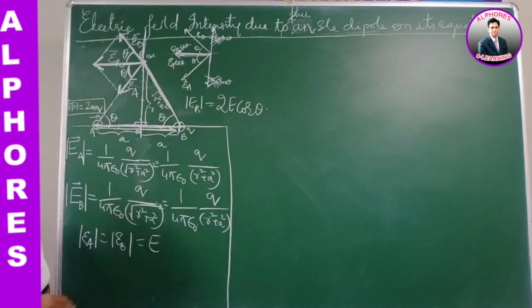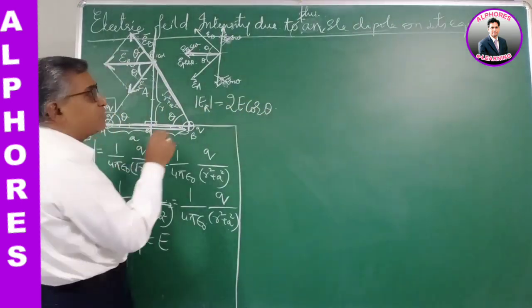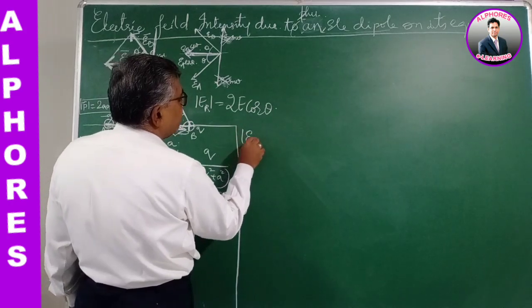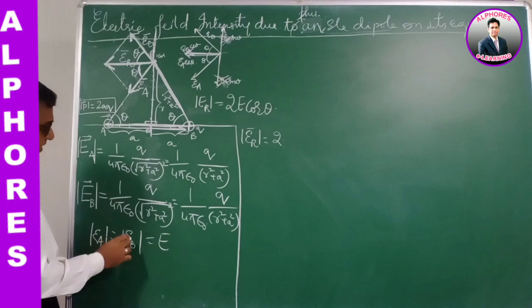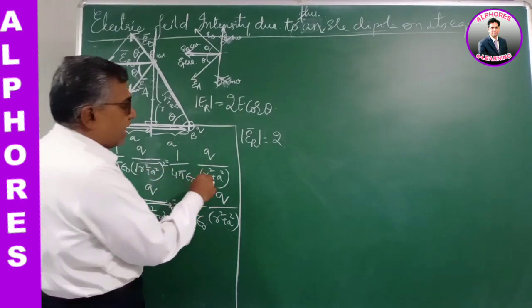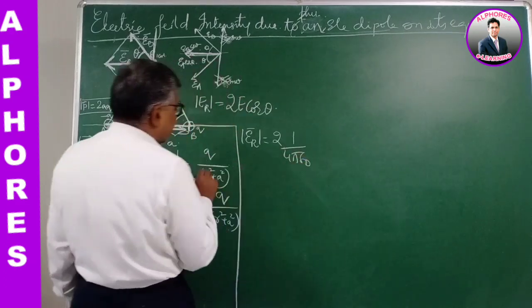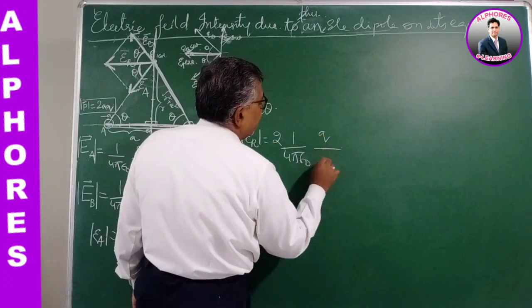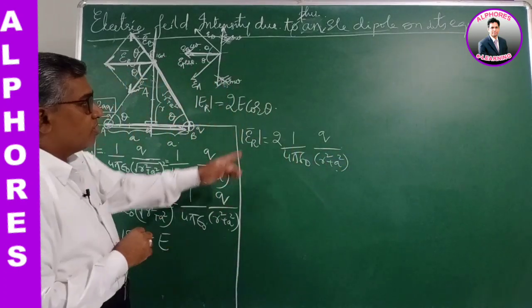EA and EB are of the same magnitude, so the resultant is 2E cos theta. Right? So substituting, the magnitude of the resultant electric field is 2 times E, where E is the magnitude of either EA or EB. So it's 1 by 4 pi epsilon naught, Q by R square plus A square, into cos theta.